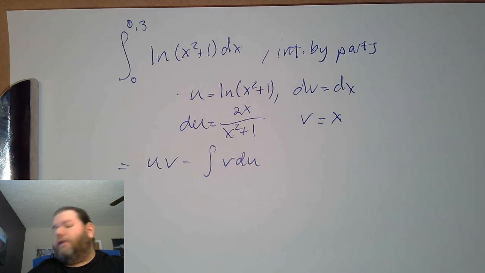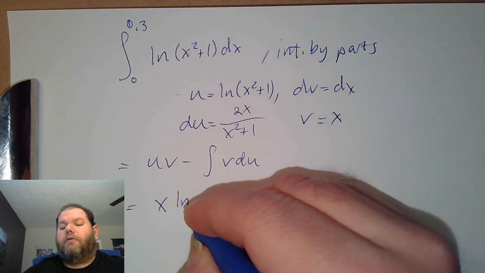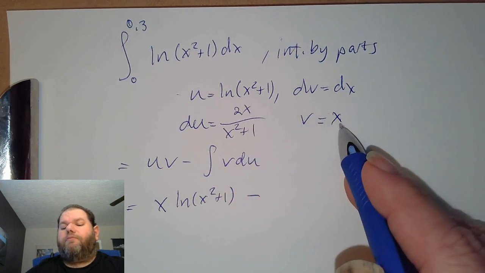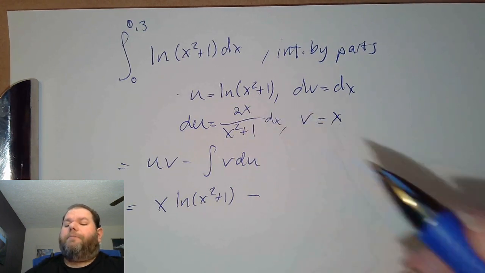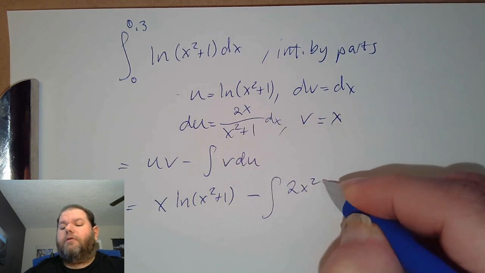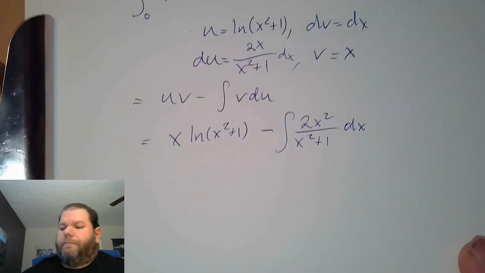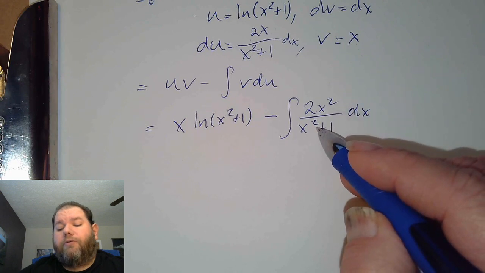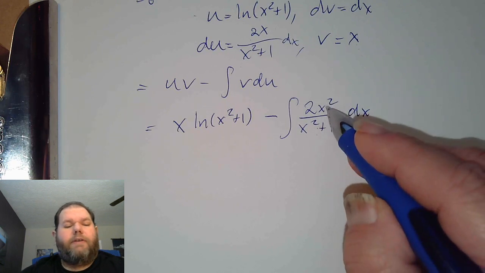uv is x times natural log of x squared plus 1, minus, and then v times du. Now, we multiply this x by the numerator. There's a dx there. And so that would be 2x squared over x squared plus 1, dx. Now, anytime our exponent on top is equal to or greater than the exponent on the bottom, such as we have here, we can actually divide these two.